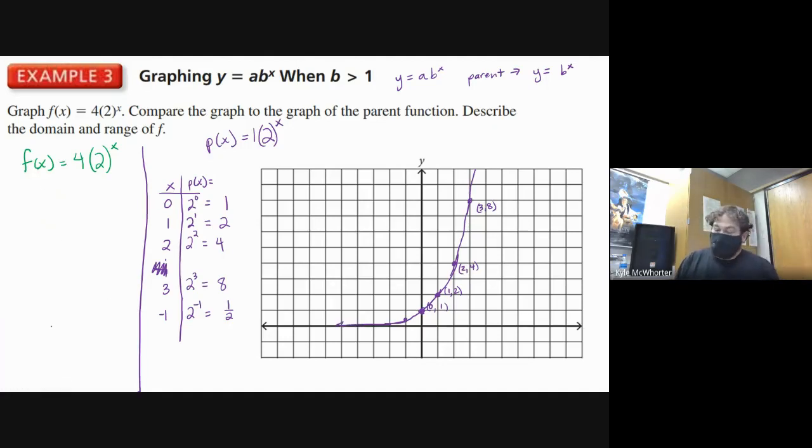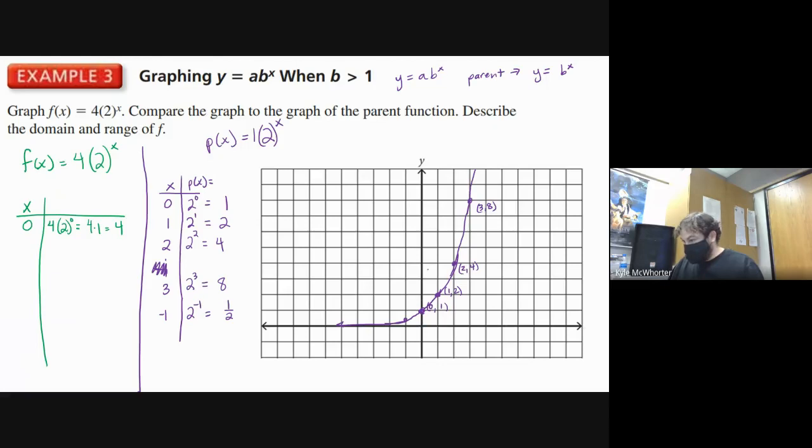Okay, that's the parent function. Now let's look at the function they gave us, which is 4 times 2 to the x. When x is 0, we're doing 4 times 2 to the 0. 2 to the 0 is 1, so this is 4 times 1, which is 4. So we get 0, 4 as a point.